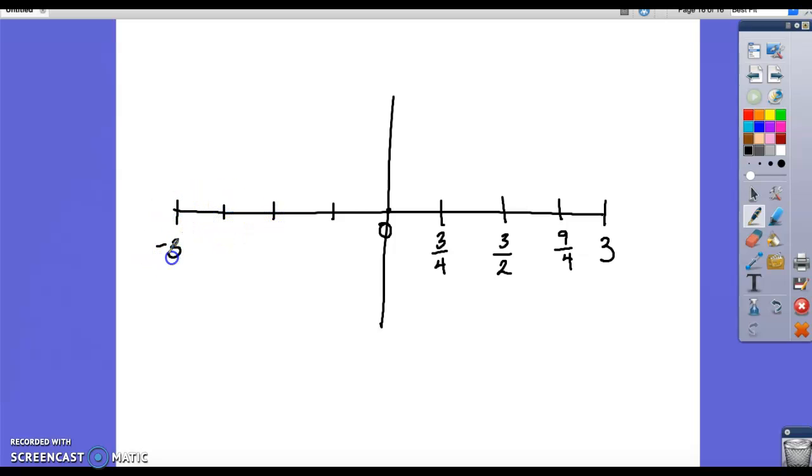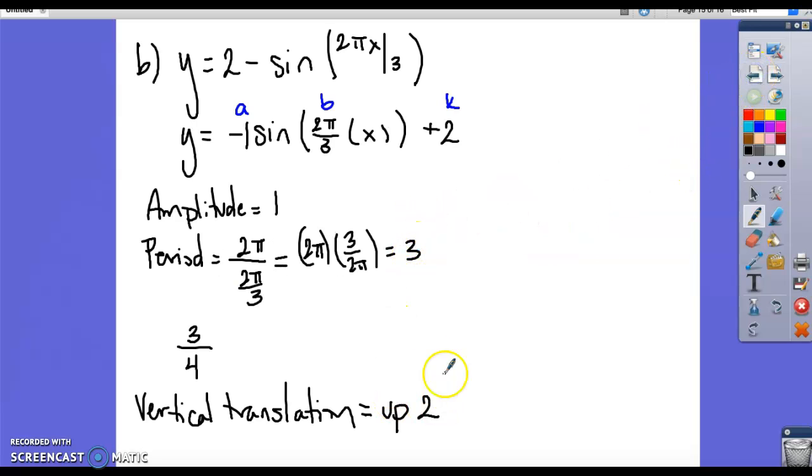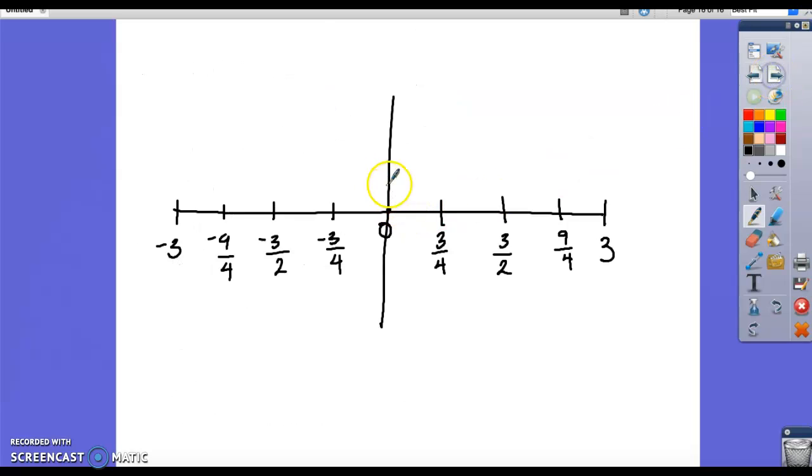Same thing in the opposite direction. So I have negative 3/4, negative 3/2, negative 9/4.